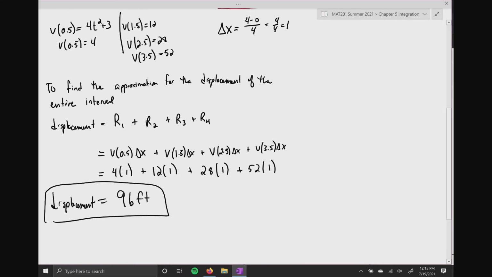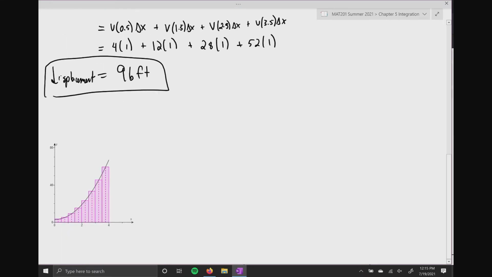Okay? Now, the only different part for part B, and I'm going to rewrite part B as just repeat part A for n equals 8 subintervals.